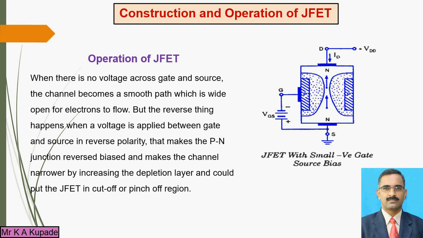And one point comes when both depletion regions meet each other. At that time there is no flow of electrons or majority carriers, and due to this there is no flow of current. That position is called the pinch off region or cutoff region of a JFET.